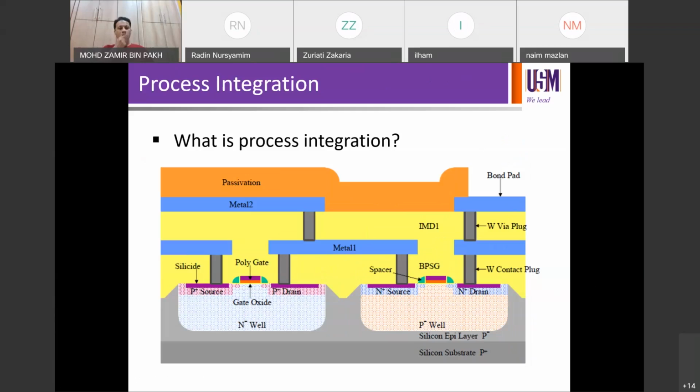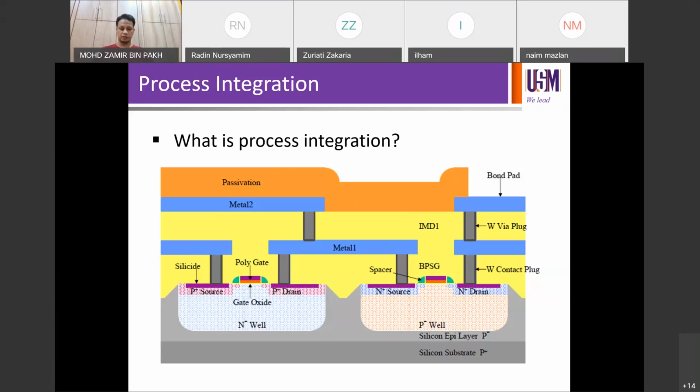Okay, good. Process integration. So let's continue. Process integration is the combination of all processes or most processes we discussed last time, that you've learned before, right? From oxidation, lithography, etching, implant, diffusion, thin film deposition, CMP.